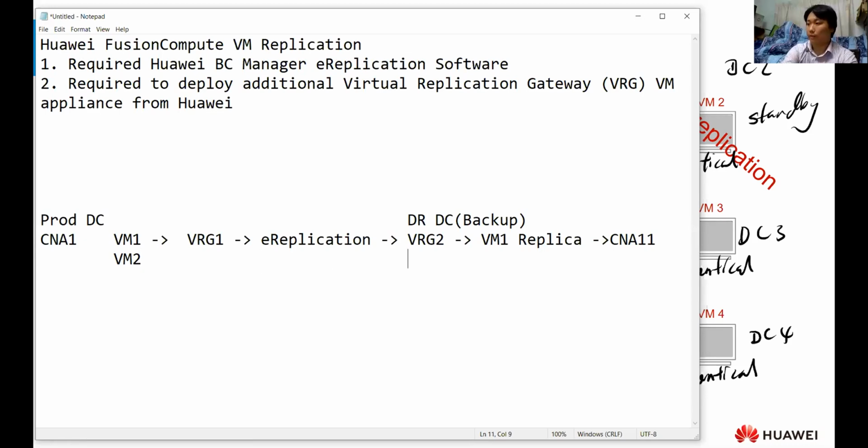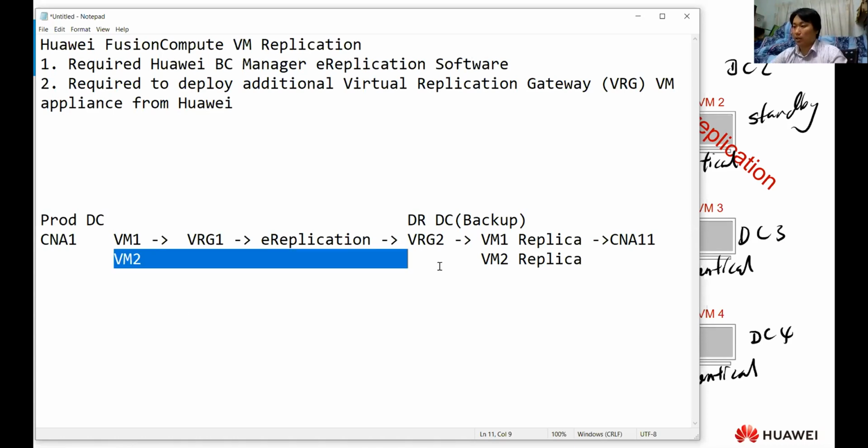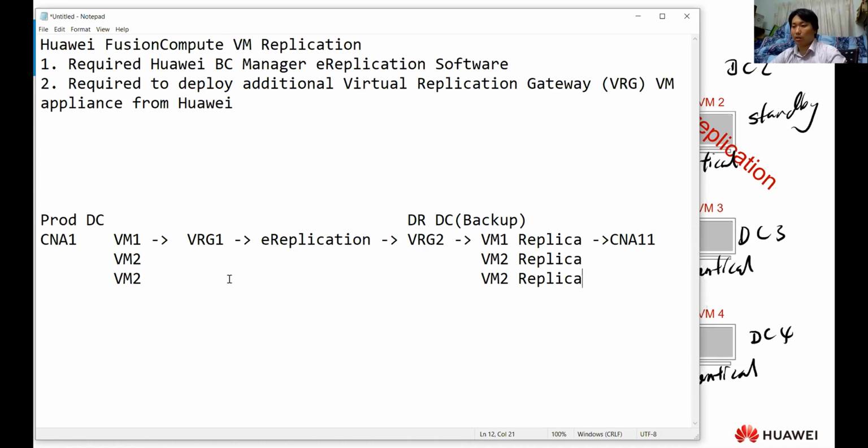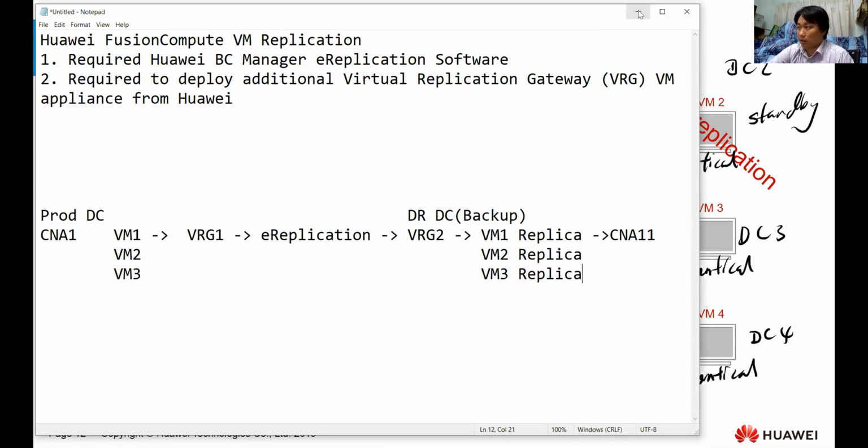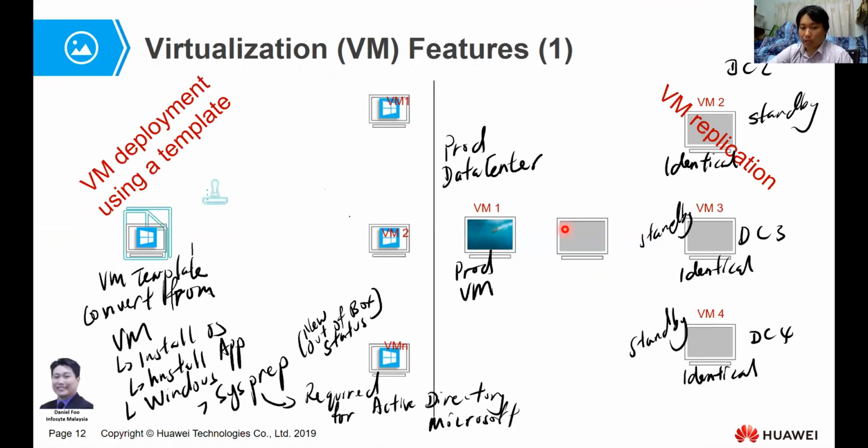I can configure a lot of virtual machine replications based on your scenario. Because your VM is now an application, I can always replicate it from one side to another using the Huawei solution. So it is easier to provide replication at the virtual machine level as compared to the physical machine level.